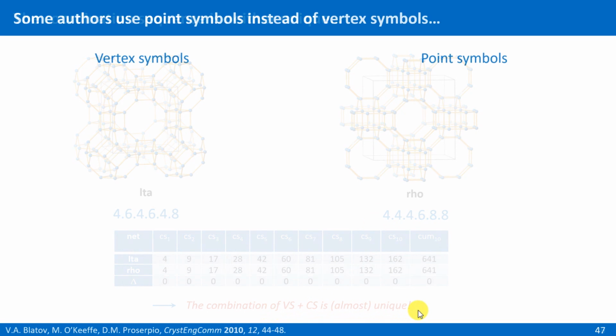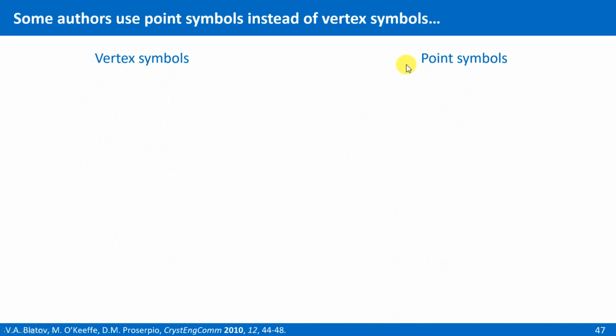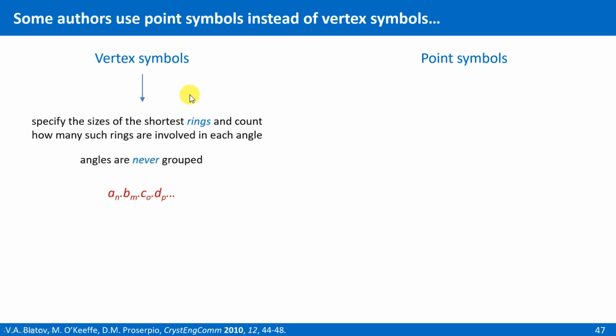Maybe a last point. Some authors use point symbols instead of vertex symbols. So what is the difference? In vertex symbols, the shortest rings of angles are specified and the number of such rings are specified too. And these angles are never grouped. Every angle is separated by a dot.